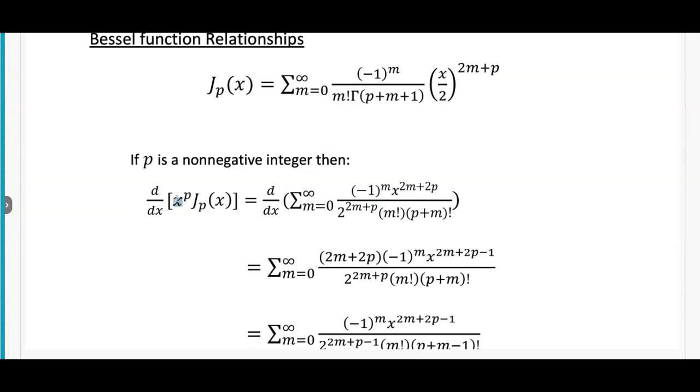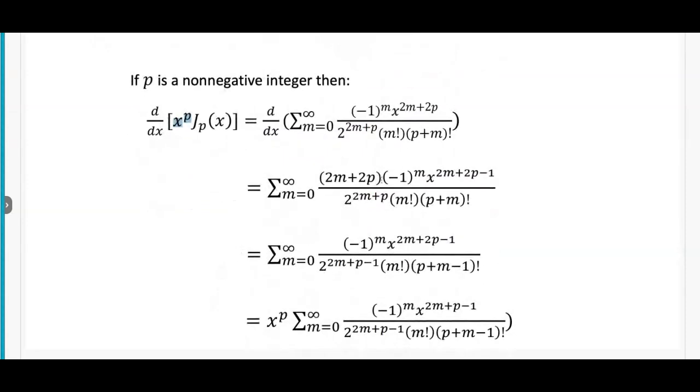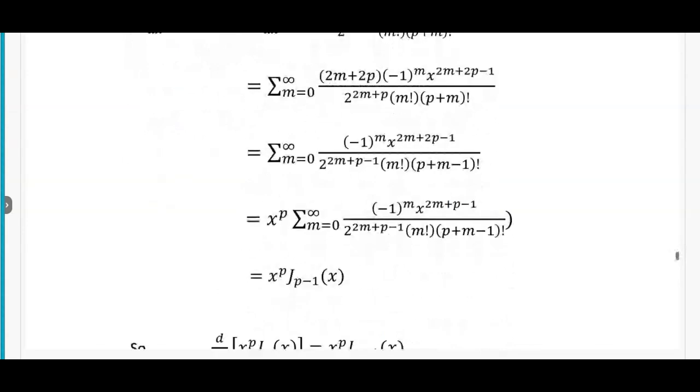Let's multiply x raised to p on the left-hand side and on the right-hand side. So that's why 2m plus p now becomes x raised to 2m plus 2p. So we have this x to the p. Differentiate this, and in the end, simplify.